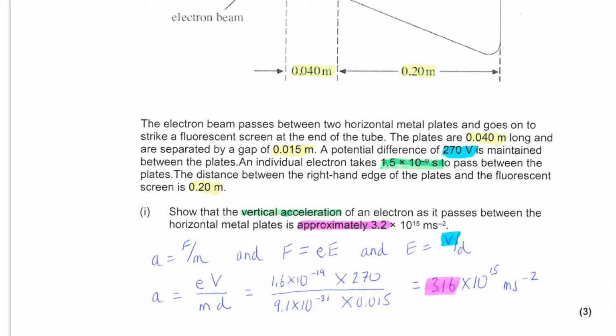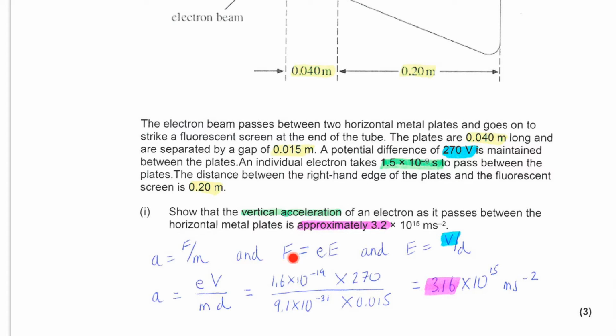You are asked to show that the vertical acceleration of an electron as it passes between the plates is approximately 3.2 times 10 to the 15 meters per second squared. Here you're bringing together three different equations to solve the problem. So acceleration of the electron would be given by force divided by mass.